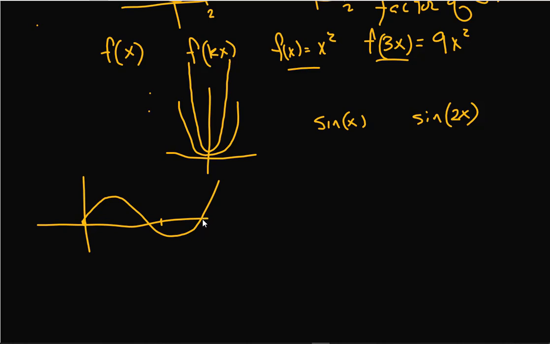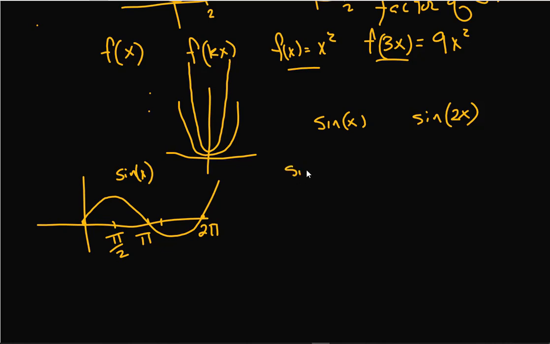When does it repeat itself? At 2 pi, and it reaches 0 at pi. And this is pi over 2, right? That's when it reaches its highest point. So that's the sine.